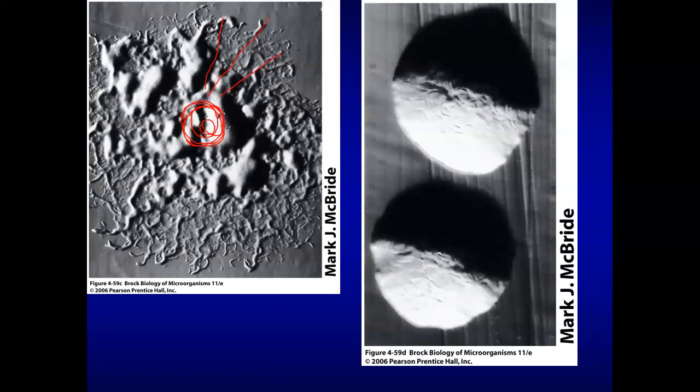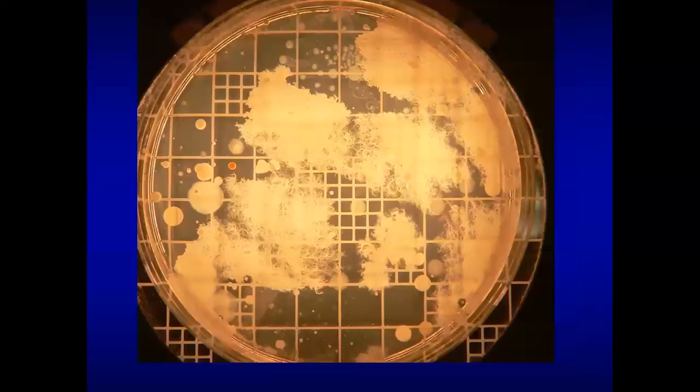I've often seen gliding motility in bacteria that I isolate from the soil. So this is a soil dilution that I did in one of the experiments we were running. You can see there are several interesting colony types here.